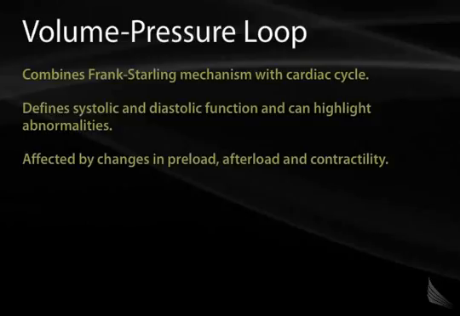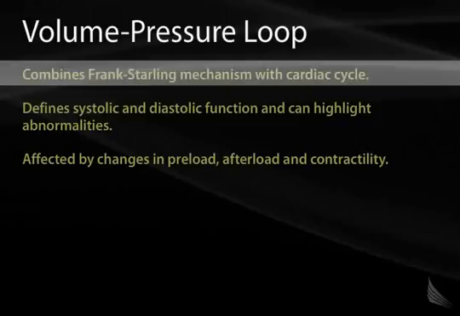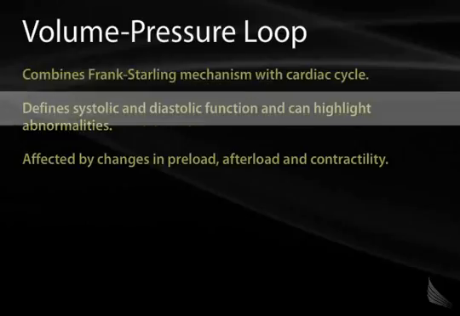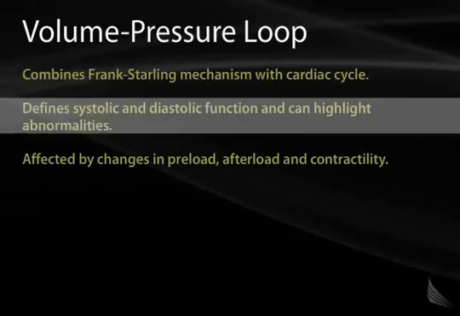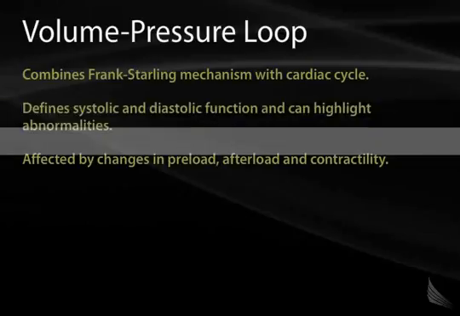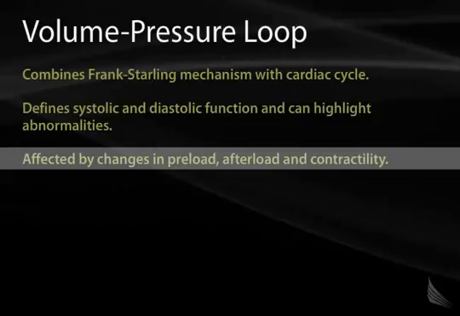A volume pressure loop, which you may see on the test, combines the Frank-Starling mechanism with the cardiac cycle. The volume pressure loop defines systolic and diastolic function and can also highlight abnormalities in patients that have certain conditions. The volume pressure loop is affected by preload, afterload, and contractility.